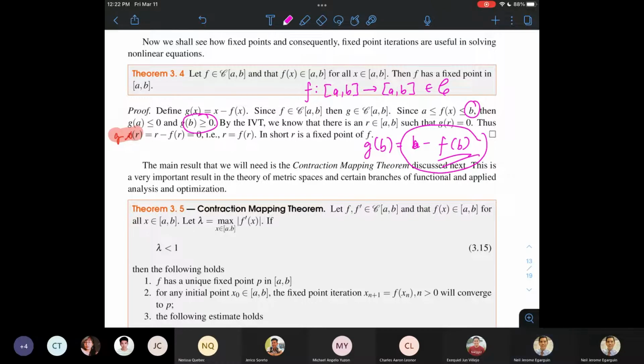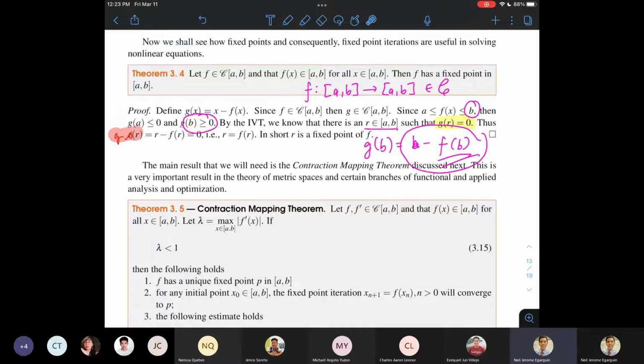Now, by the intermediate value theorem, since g of a is less than or equal to 0 and g of b is greater than or equal to 0, then we are sure that there exists an r on the closed interval AB such that g of r is equal to 0. Okay? Now, medyo generalized version ng IVT ito, kasi pag si g of a o kaya si g of b ay eksaktong 0, then r equals a or b.